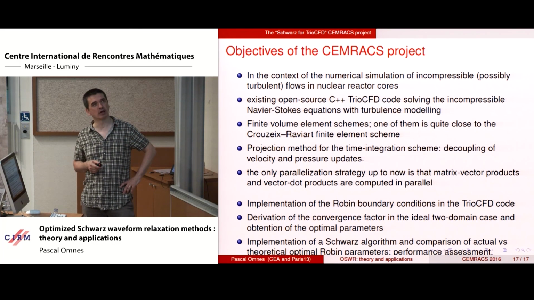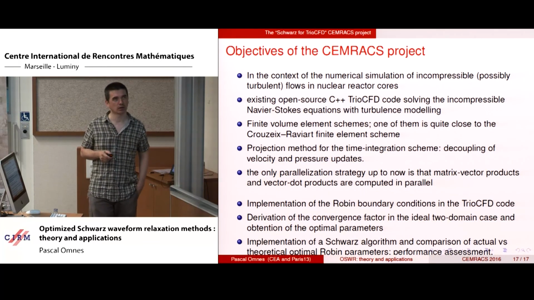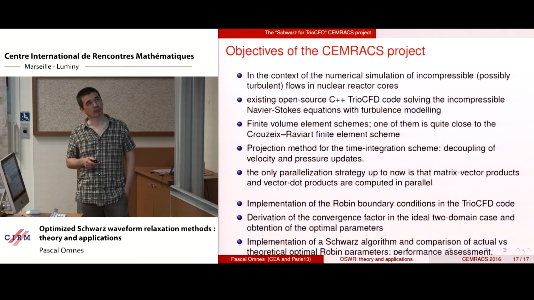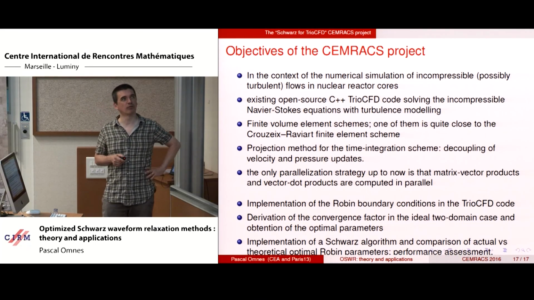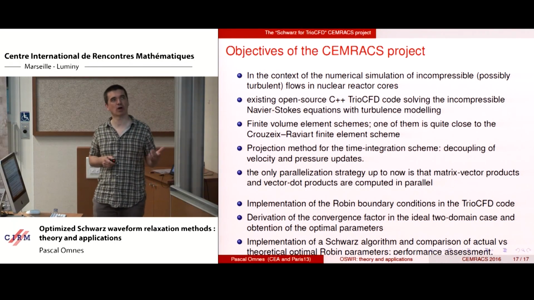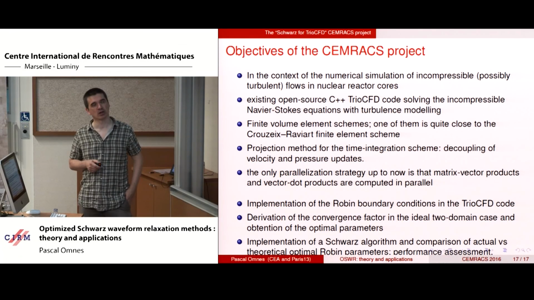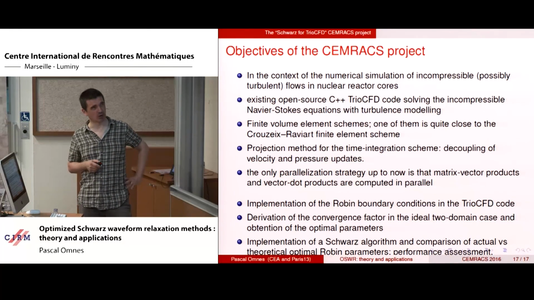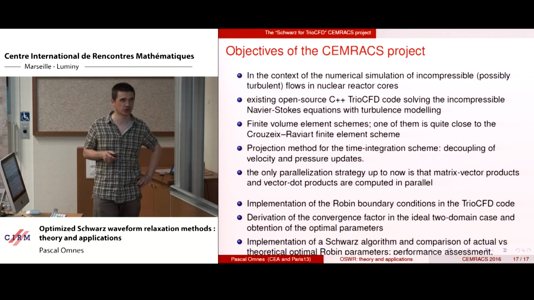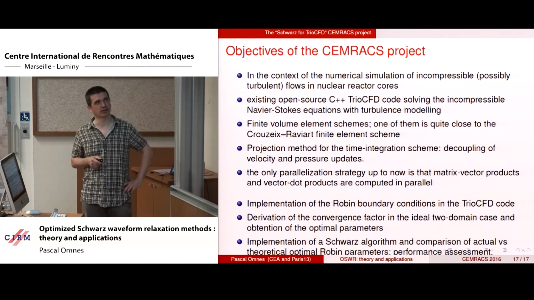So the aim of the project is to start thinking about an OSWR strategy for the Navier-Stokes equations. We first start with the simple Stokes equation. As I told you, one of the main first steps is to have Robin boundary conditions within the subdomains. So one of the first aims is to have an implementation of the Robin boundary conditions in this code.